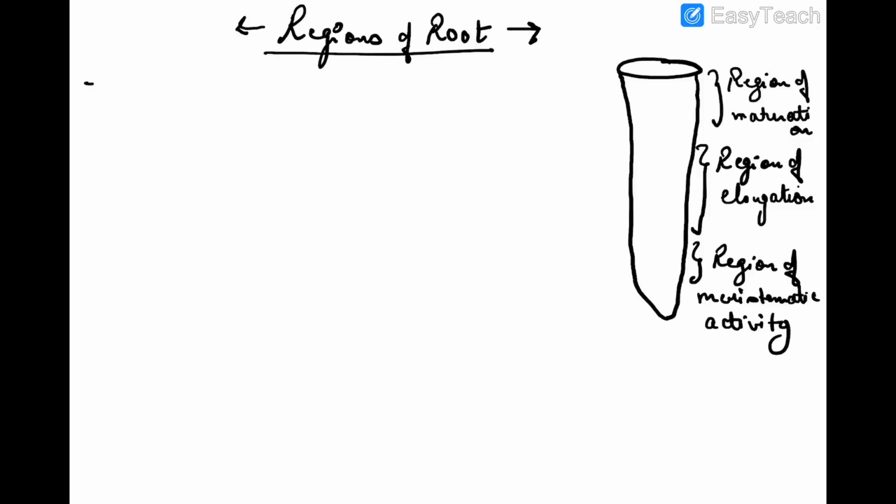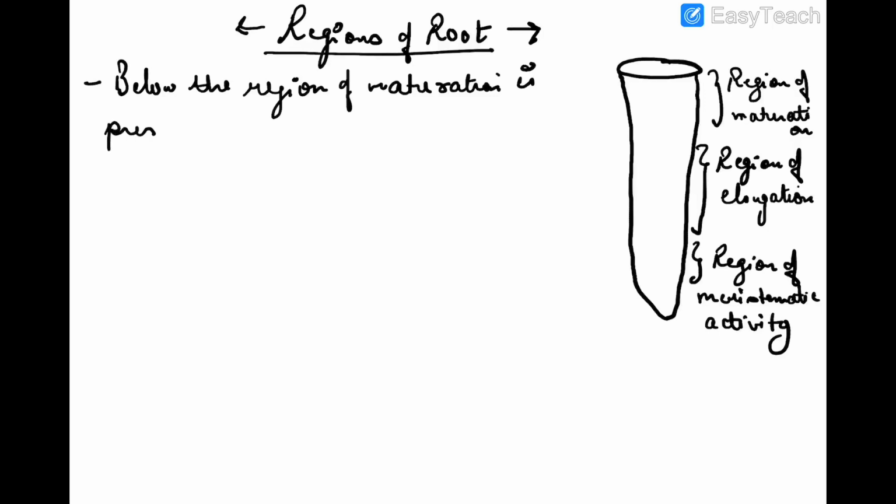Now, below the region of maturation is present the root cap. Now let us see the root cap. So here below the region of maturation is present this region, which I have drawn in red color, the root cap.